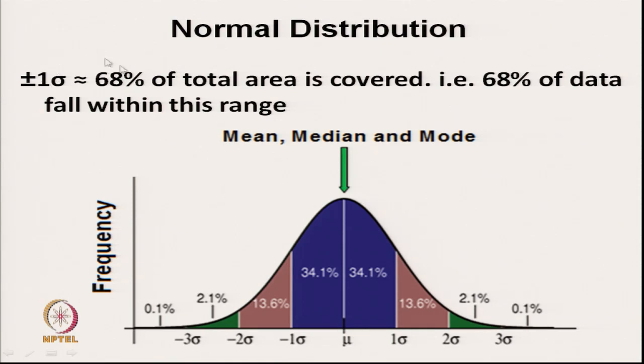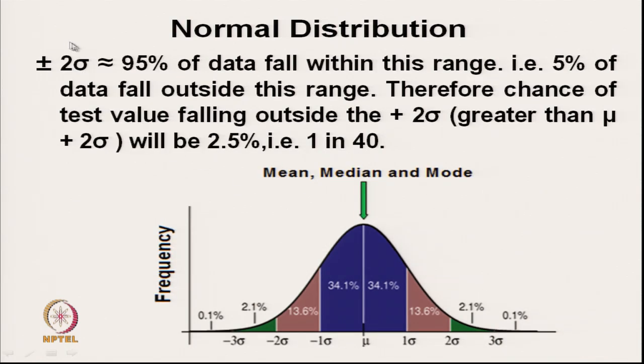If you take them together, this blue zone takes care of approximately 68% of the data. Now, if you take the larger value, plus minus 2 sigma, from plus 1 sigma to plus 2 sigma, you will see that plus 1 sigma is 34% of the data, and plus 2 sigma adds approximately 13.6%, because it is going away from the mean zone.